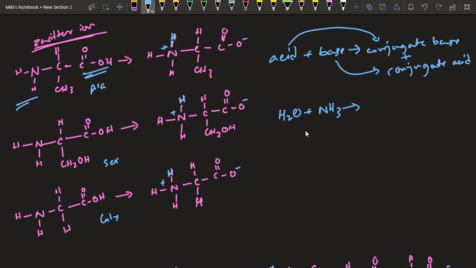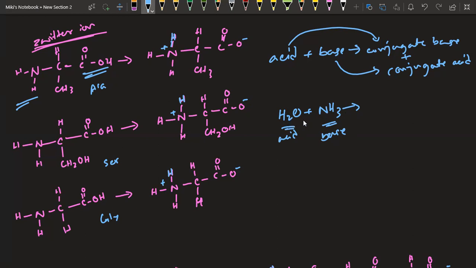I know water is neutral, but it has some polarity. It has some partial acidity. So in this case it acts as an acid, and ammonia acts as a base. Both are weak, very weak. Ammonia is a weak base, and water is a very weak acid. But still, it is acting as an acid, and this is acting as a base.